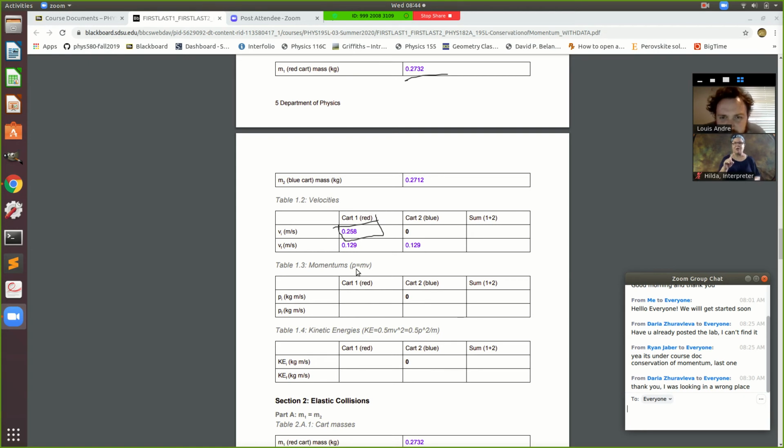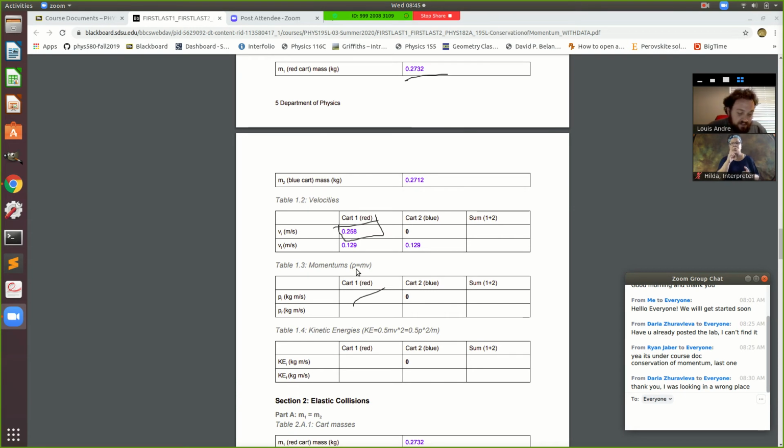Cart 1's initial velocity is 0.258, and so its initial momentum is just those two multiplied, and that's going to go in this box here. Okay, that kind of makes sense. You're just going to do that.